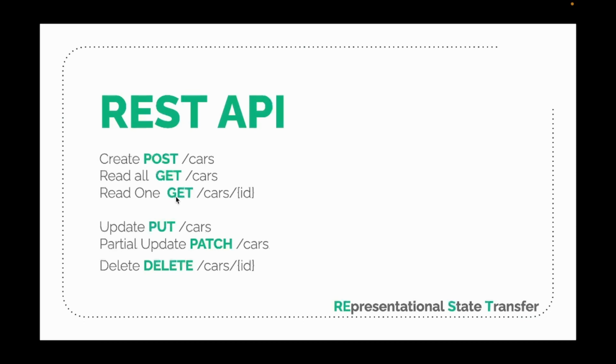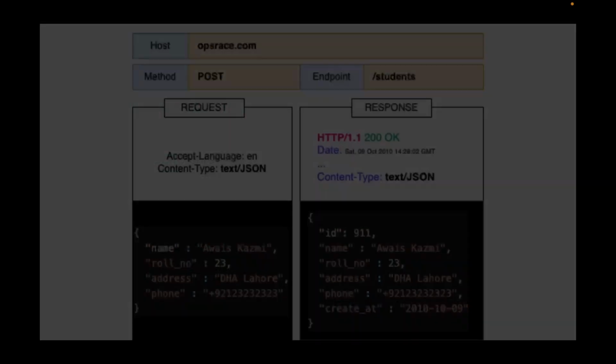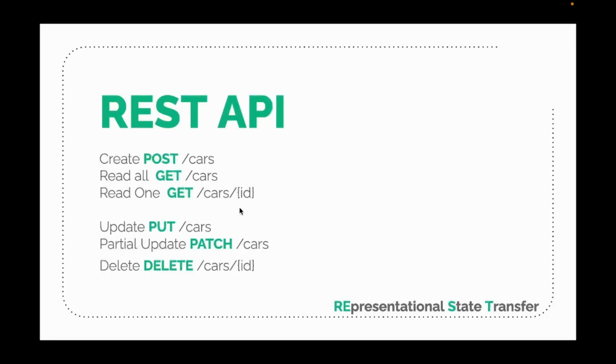Because the expectation is when I use get /car/ID, it will get me the car. And if I want to update that information, I will use put. So these are conventions, these are standards. REST says that if you want to perform a certain operation on a resource, then you can use these different methods.